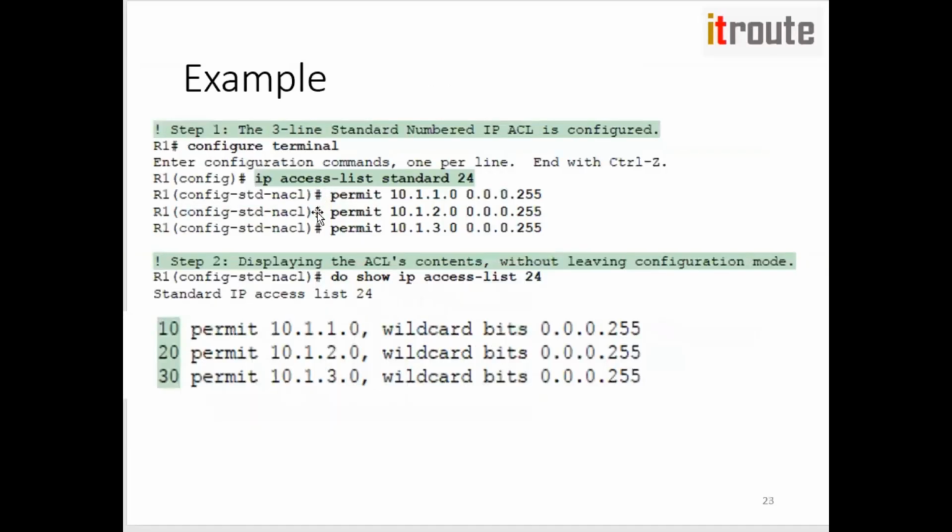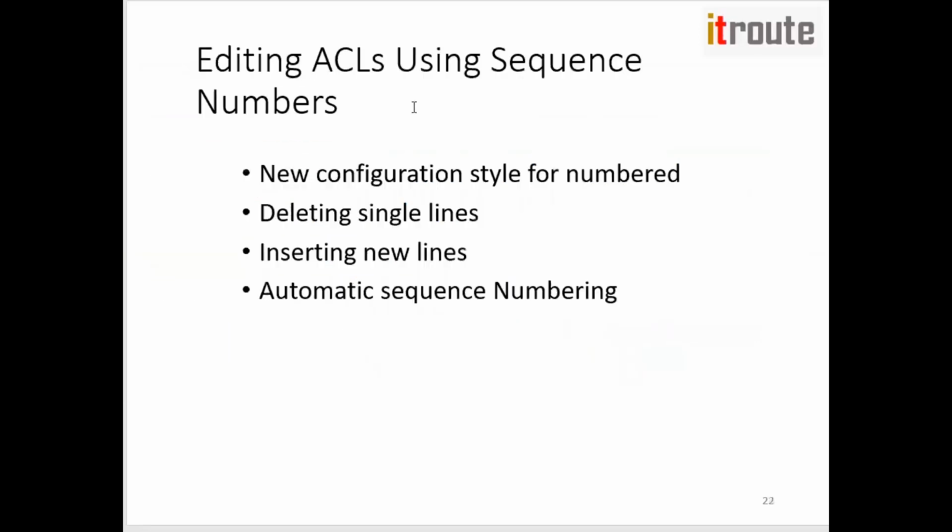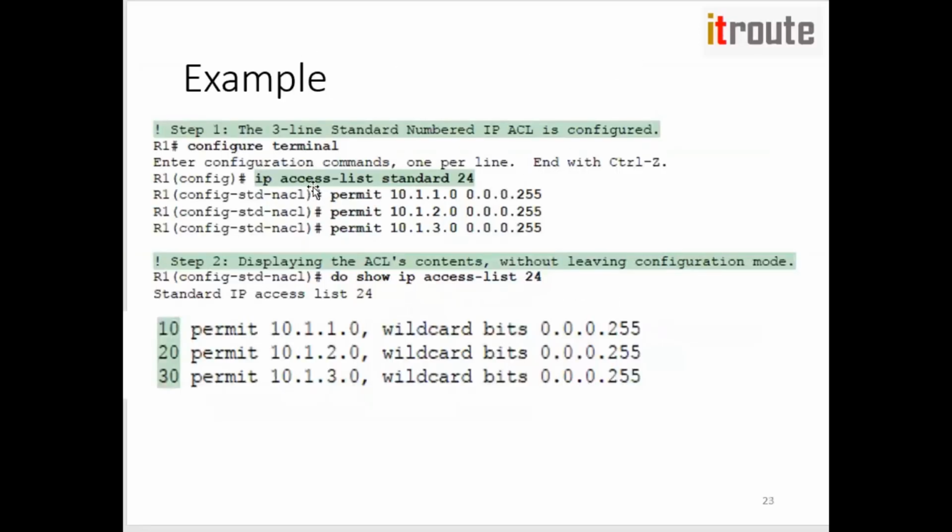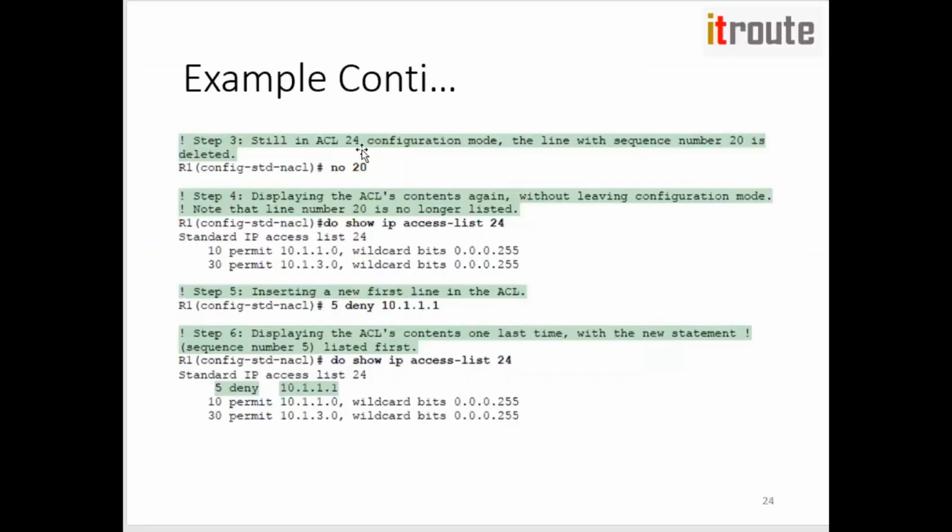So with this new configuration using sequence numbers, such as IP access list standard 24, it's very simple to remove a line. Simply put no 20, and that's how you remove it.